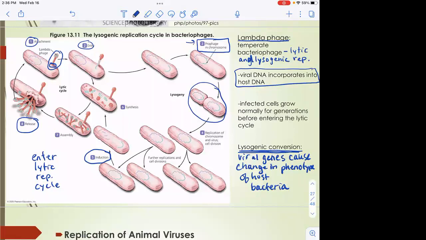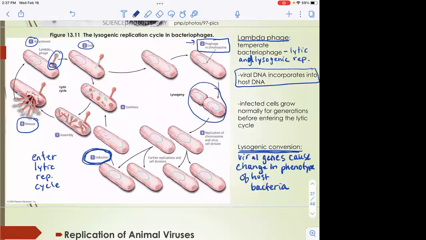At some point, like I said, the virus can enter back into lytic replication. Oftentimes there's some environmental cue, like the environment is getting not good, like the virus senses that the cell is about ready to die. We can cause induction to happen just by shining some ultraviolet light on cells.